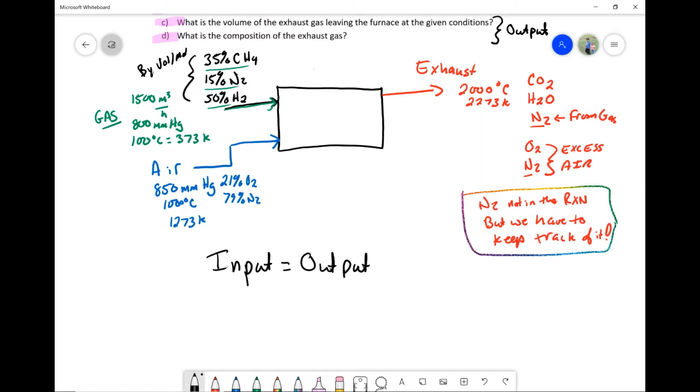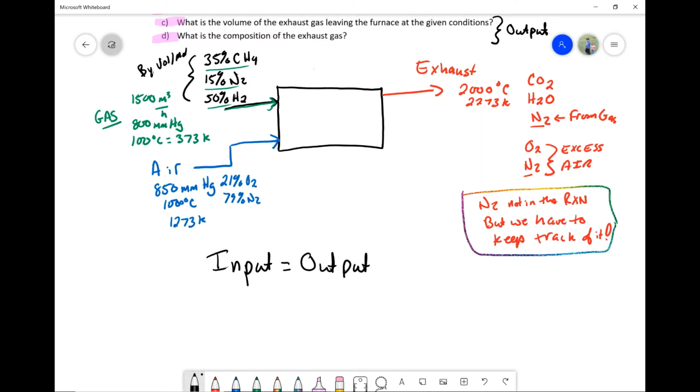Input's equal to output, so all the carbon that comes in and all the hydrogen that comes in and all the nitrogen that comes in, it's going to come out. It's going to be attached to different friends. So carbon's no longer going to be attached to hydrogen, it's going to be attached to oxygen. Hydrogen's also going to be attached to oxygen. And nitrogen is not attached to anybody, it's just going to come right out.